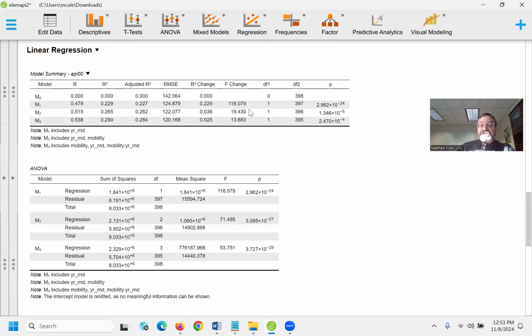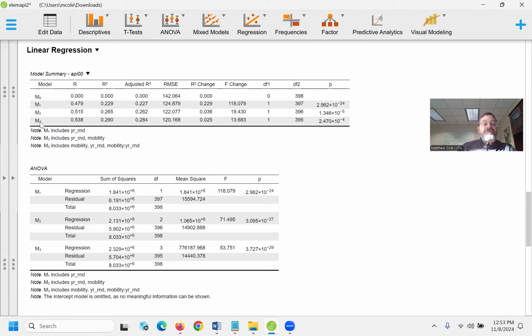And that change in F was significant, right? The p-value of this change in F between model 1 and model 2 is significant.